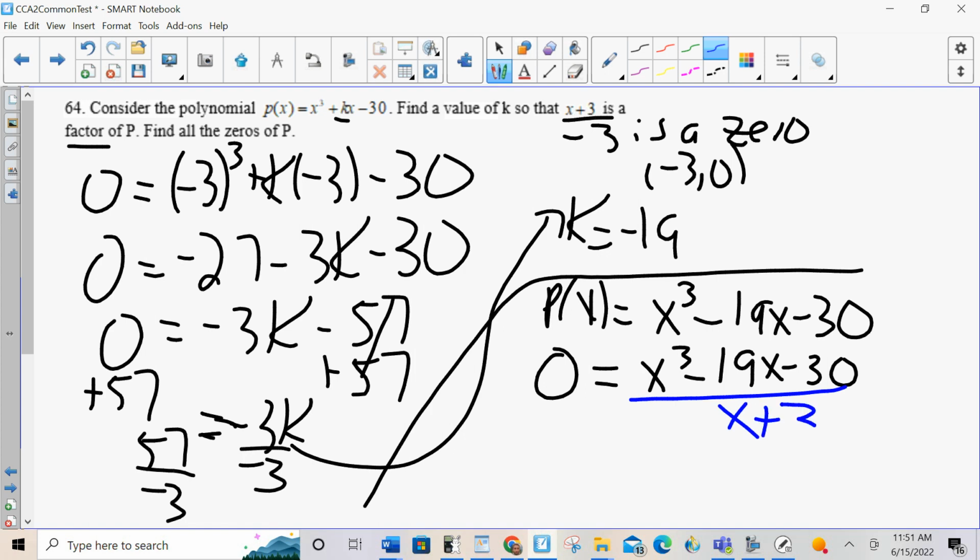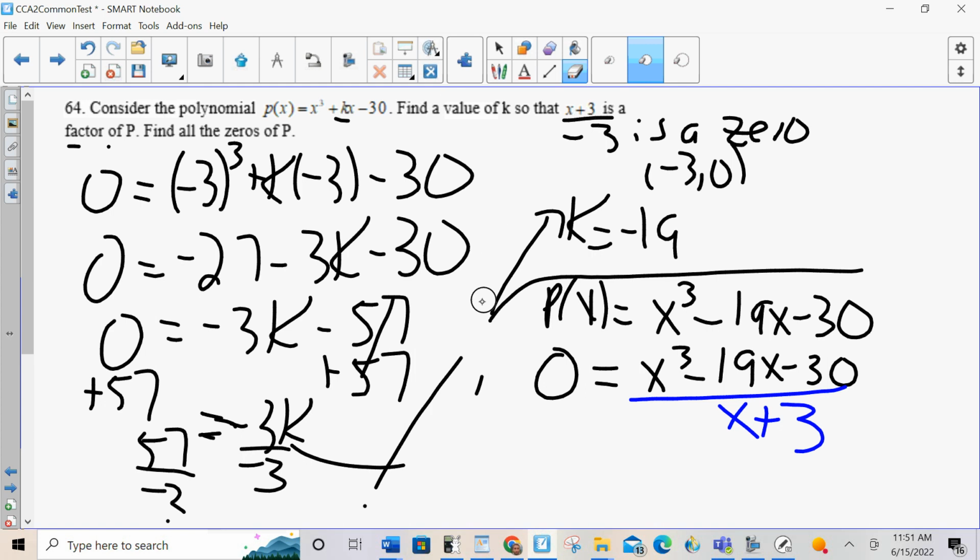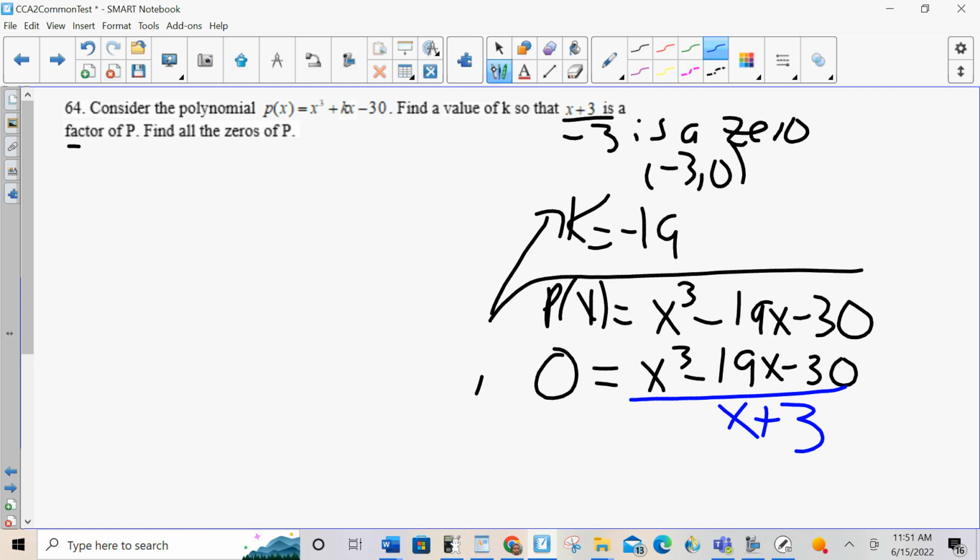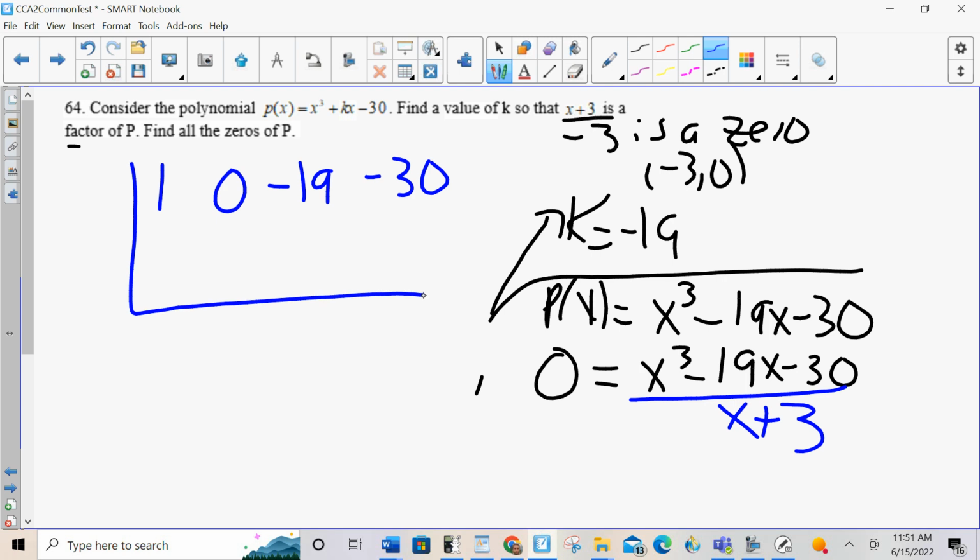So I'm going to divide the polynomial by x plus 3 using synthetic division. List my coefficients. There's a missing term for the x squared, so I put a 0 in its place. The opposite of what I'm dividing by goes outside.